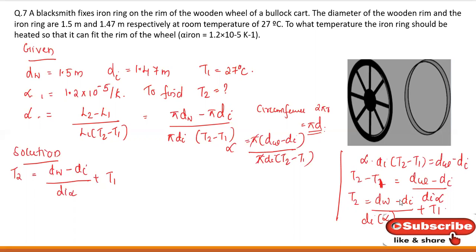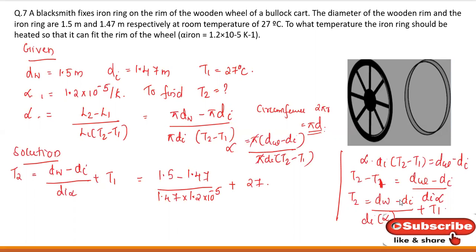On substituting the values, we will get 1.5 minus 1.47 upon 1.47 into alpha, where alpha is 1.2 into 10 raised to minus 5, plus T1, where T1 is 27.